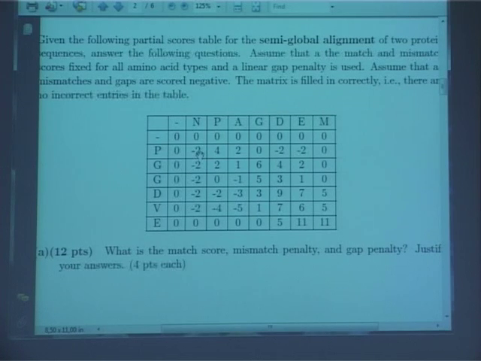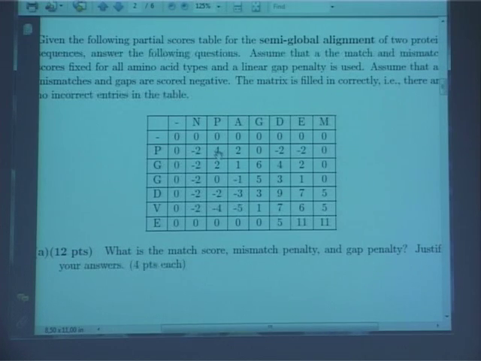Coming from the left to this cell, you can only decrease from -2. If the gap penalty were 0, it would stay at -2, and from the top it would stay at 0, but it can never get to 4 unless the gap penalty is positive. And the question says a gap penalty is not a positive number. You need to incur penalties. It's not a reward.